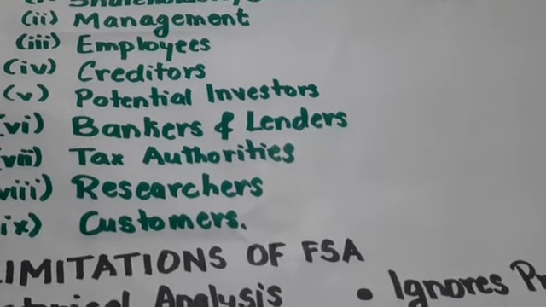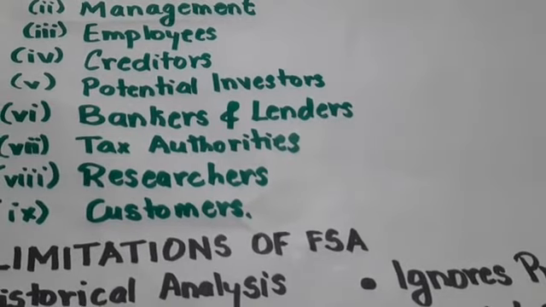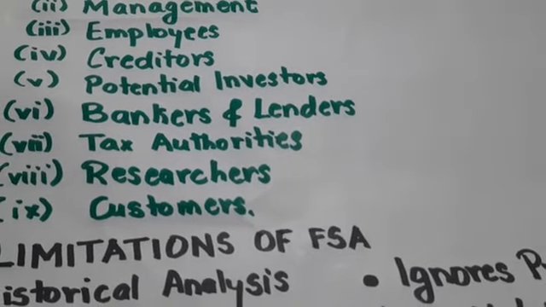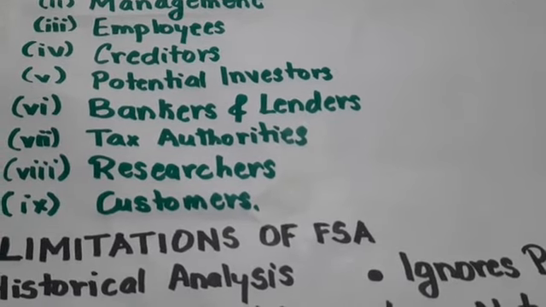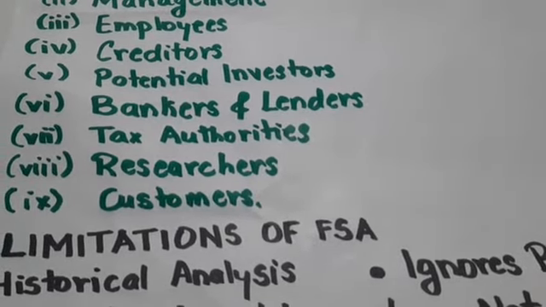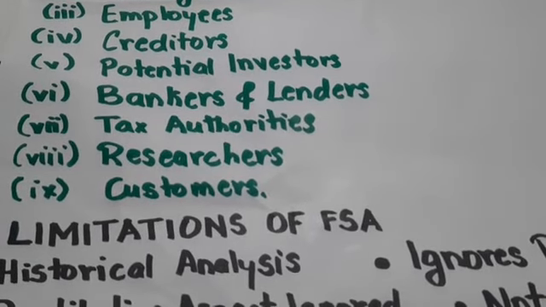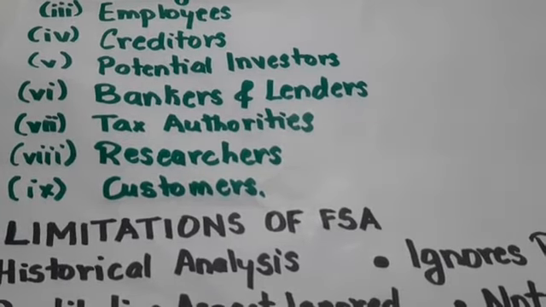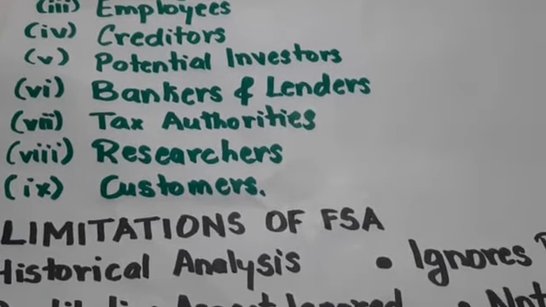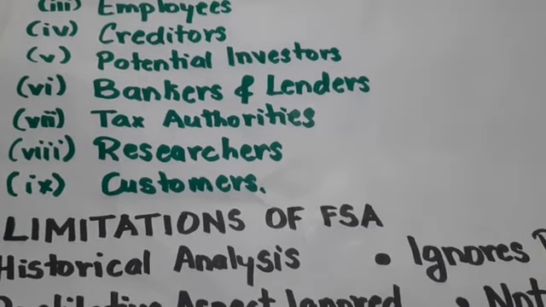Creditors are the suppliers of raw material and other materials on credit. So to know the creditworthiness of a company, creditors depend on the financial analysis. Potential investors are the people who have surplus money and want to invest in a company. After knowing the financial position of that company only, they can go for it.